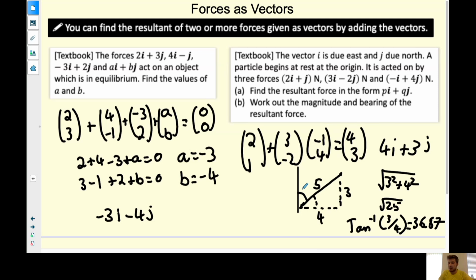And therefore, the angle that I need, this bearing, I'm going to do 90 subtract that. 90 subtract 36.87 would give me 53.1, and as a bearing that would be 053.1 degrees.